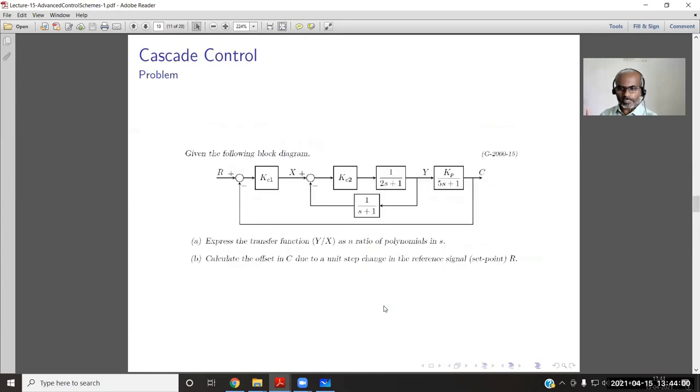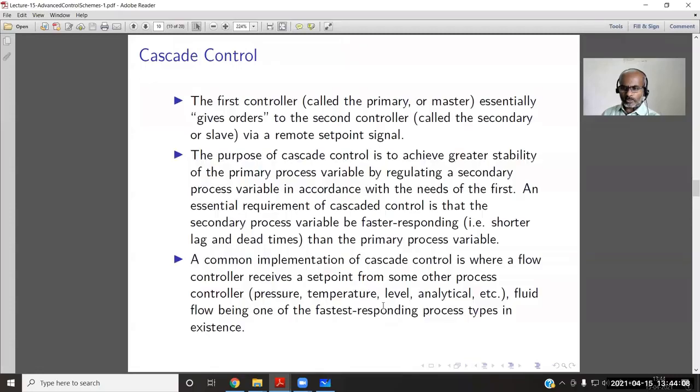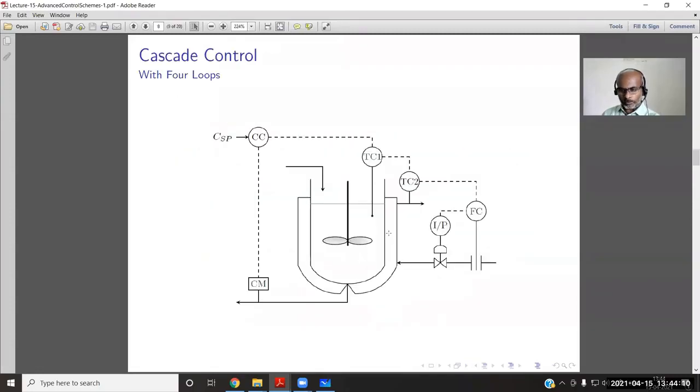To summarize, in a cascade control system we will have one manipulated variable, and of course only one output variable of importance. We will be making 2 or many measurements and using 2 or many controllers, whereas the inner loop controller settings are given by the outer loop controller.